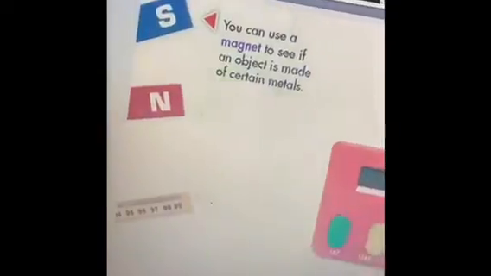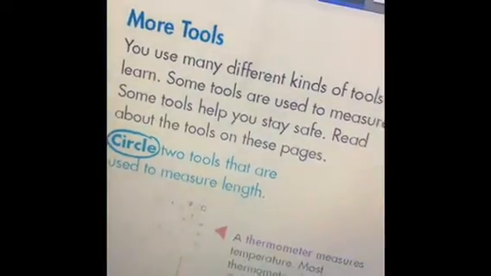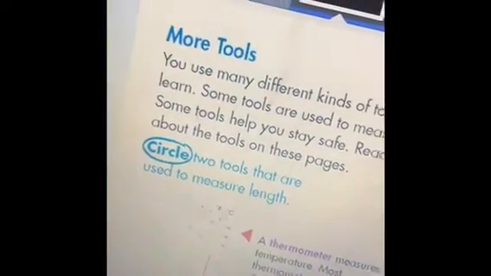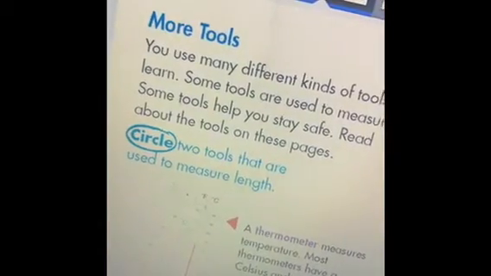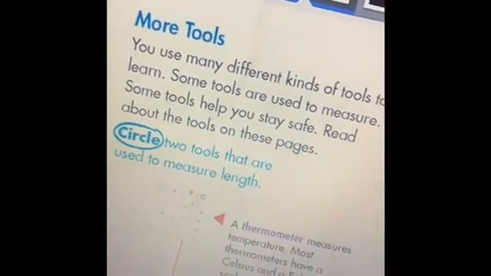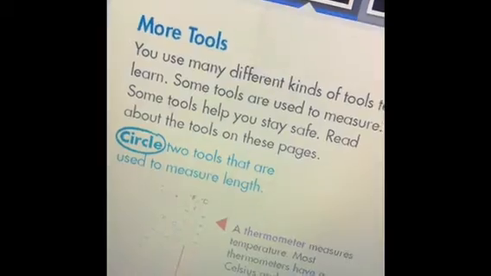So the tools on this page are the magnet, the stopwatch, the balance or pan balance, and the measuring cup. Okay, let's go back to answer some questions in the book. Circle two tools that are used to measure length, how long something is.